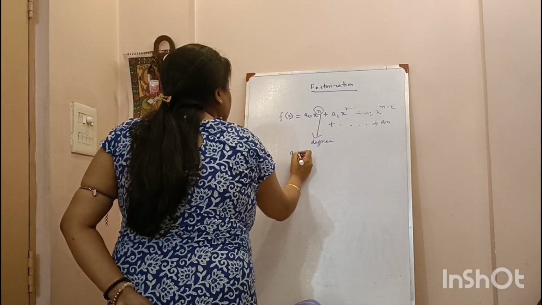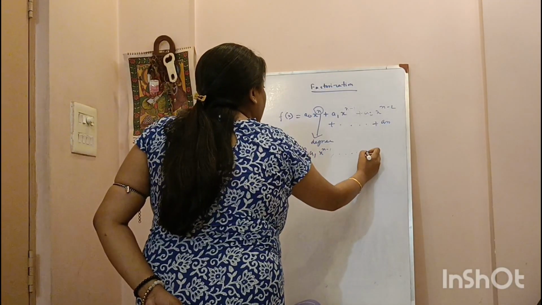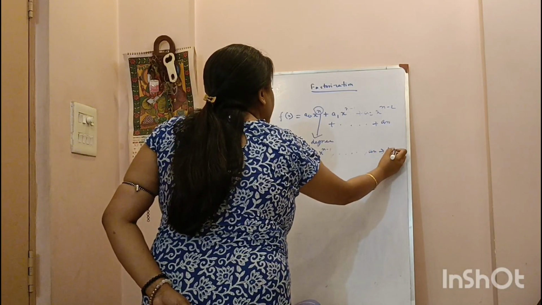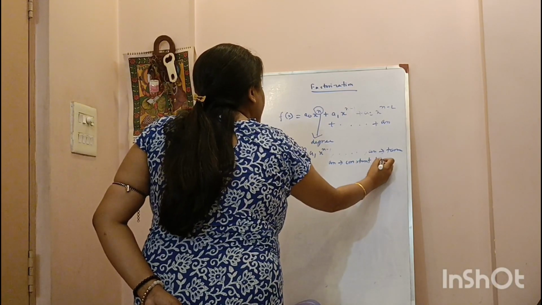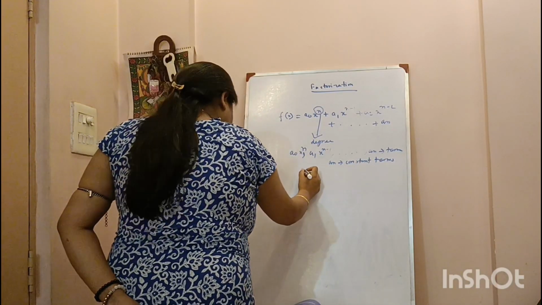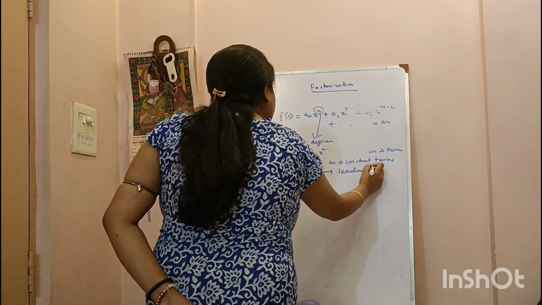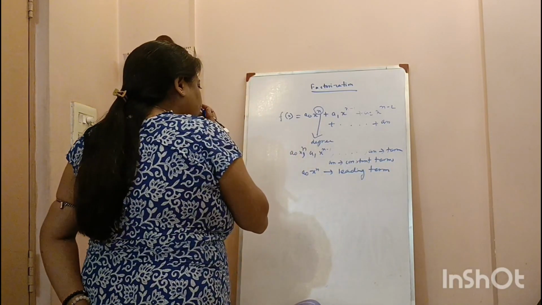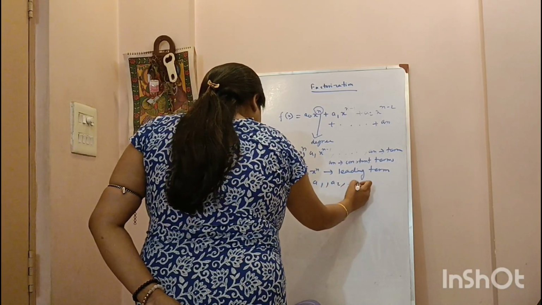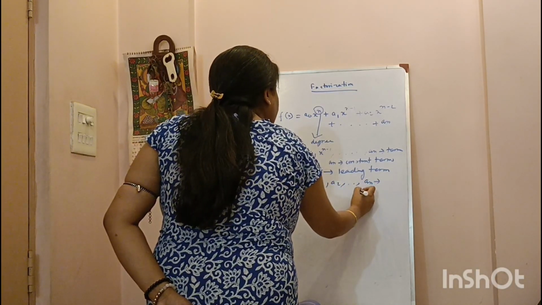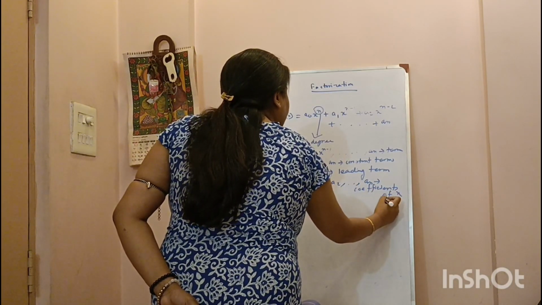And a0 x to the power n, a1 x to the power n minus 1, these are the terms, and an is called the constant term, and a0 x to the power n is called the leading term, and a0, a1, a2, etc., an are the coefficients of x of f(x).